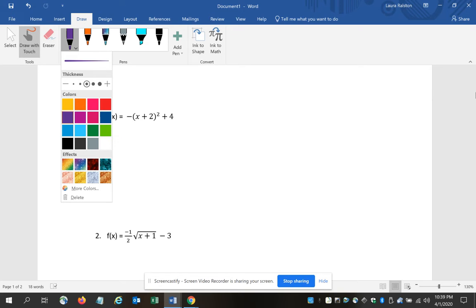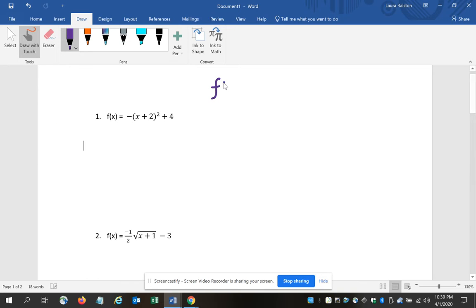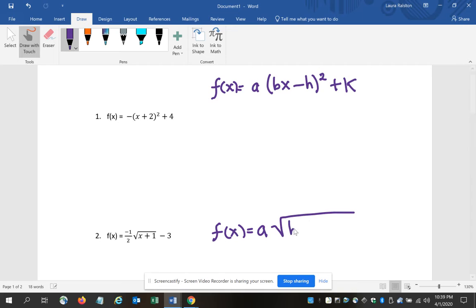In general, you have something like f of x equals a times (bx minus h) squared, plus k. Or you could have f of x equals a times the square root of (bx minus h), added to k.